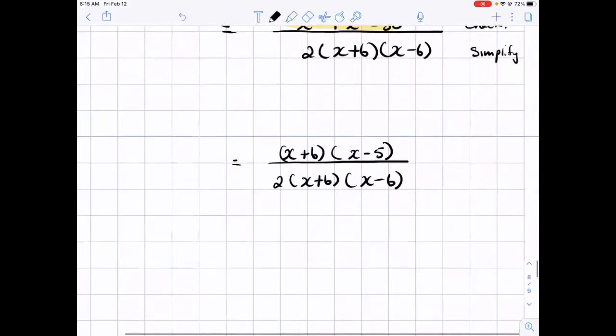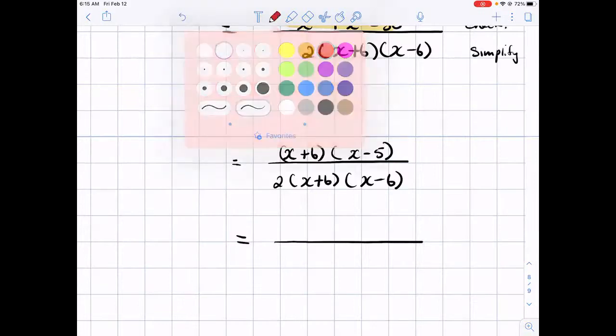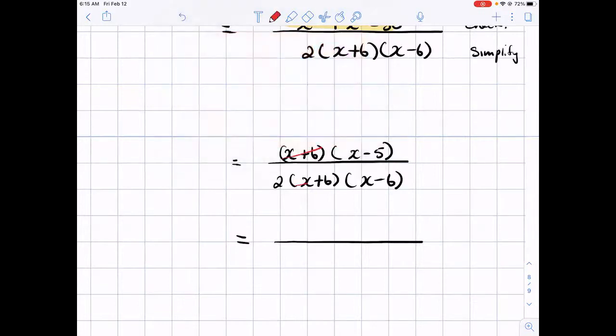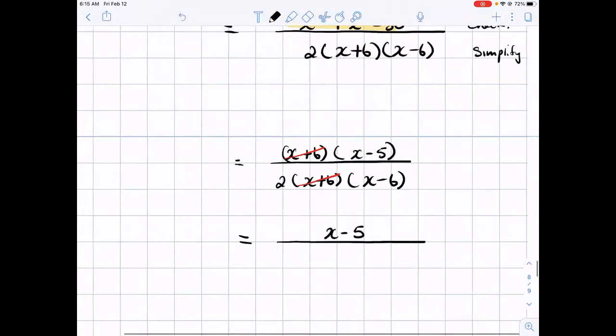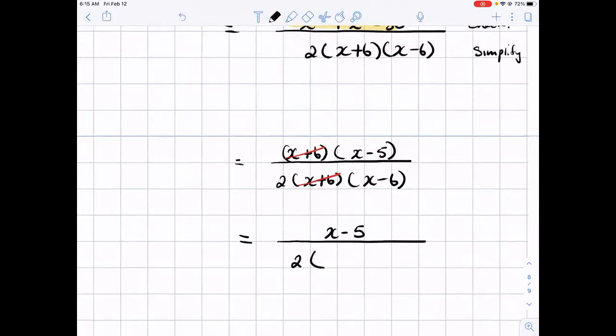And now you look to see, can we cancel anything from the numerator and the denominator? You will notice that the x plus 6 will cancel with the x plus 6. So what do you have left in the numerator? X minus 5. And in the denominator, you have 2 parentheses x minus 6.